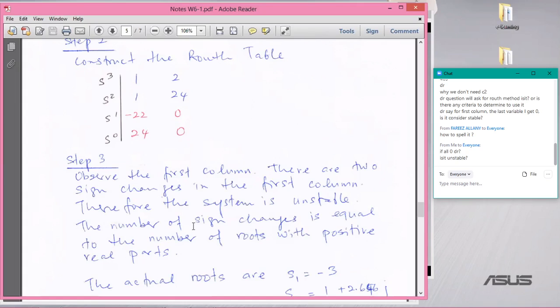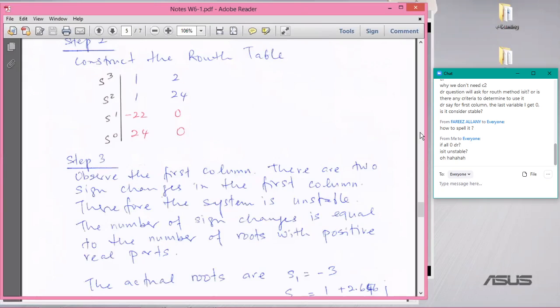How to spell it? Spell what? If all 0, then you don't have a system. You have nothing. Everything is 0. No, you're not going to get all 0. All 0 meaning that you don't have a characteristic equation.